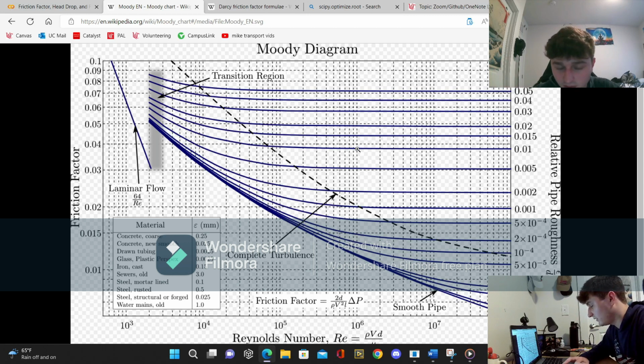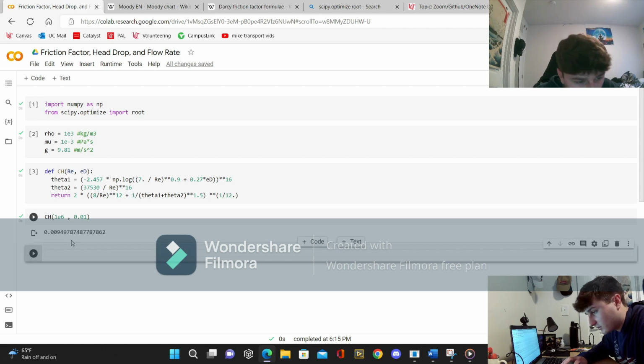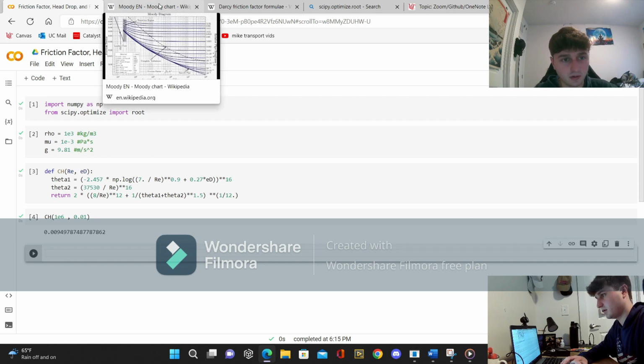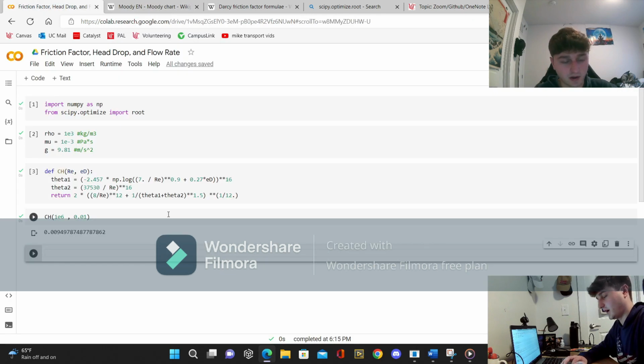So let's go ahead and do that, just making sure I have it all lined up. So we're going to have 1e6, comma, and then we'll use 0.01. That is going to give us just about 0.0095, as I've just said, as we can see from here, because it is divided by a factor of 4.